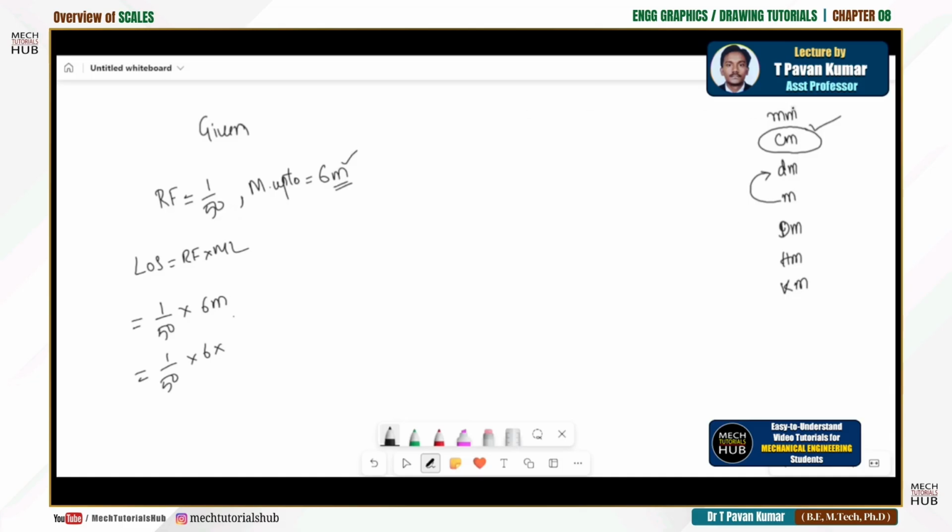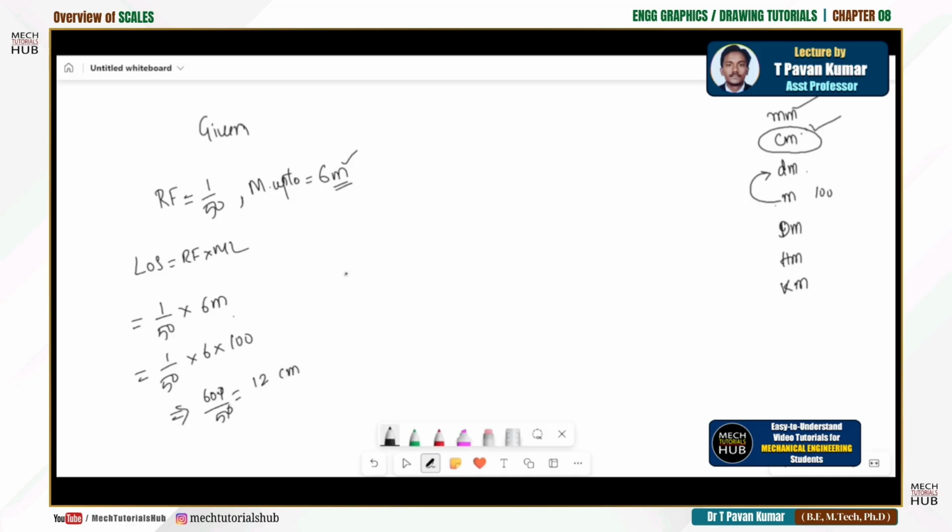You can convert to millimeters also, but always try to convert into centimeters; it becomes easy to construct the scale. To convert from meters to centimeters, two zeros, I multiply by 100. So altogether you get 600, which is again 12 centimeters.